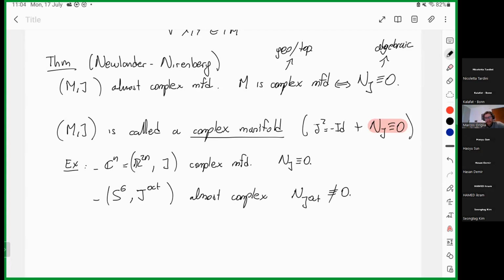Here we are only saying that with this almost complex structure the condition is not satisfied, so we cannot guarantee that S^6 is complex, but maybe another almost complex structure could satisfy it. As far as I know, that problem is still open.